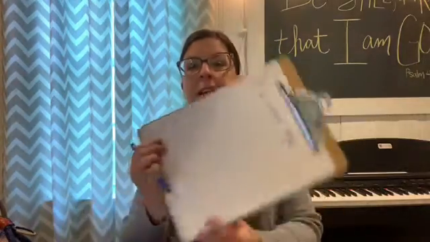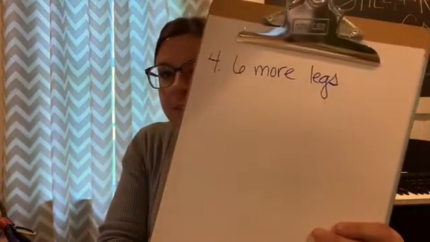Number 4, how many more legs than antennae do hermit crabs have? If you have 10 legs and 4 antennae, 10 minus 4, the answer would be 6 more legs. Make sure that you're fixing your homework as we do this.